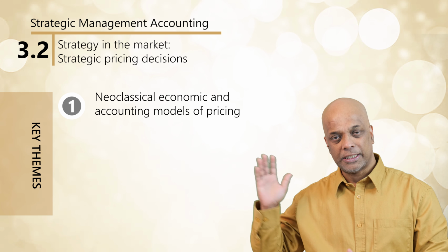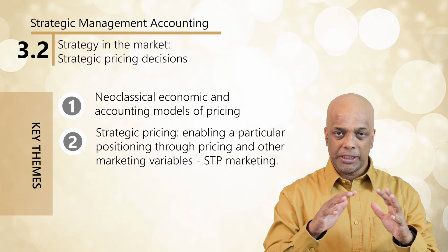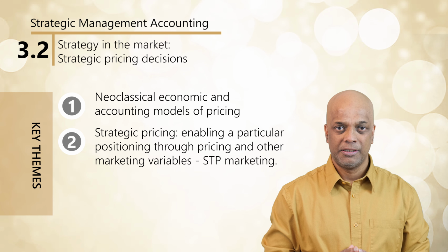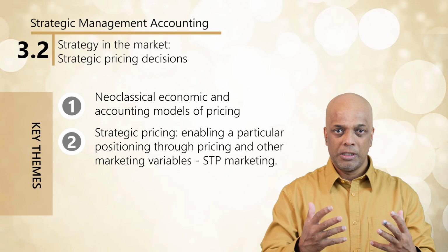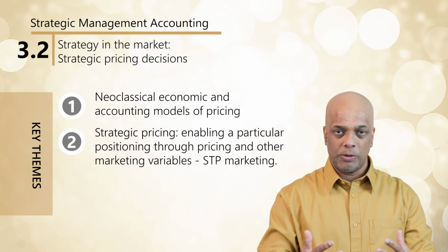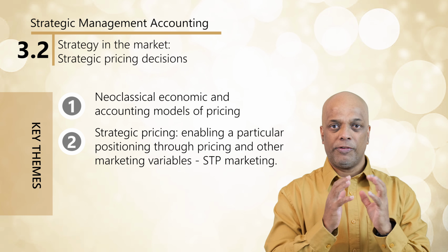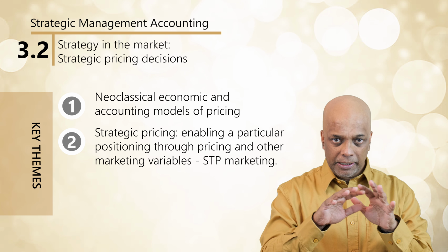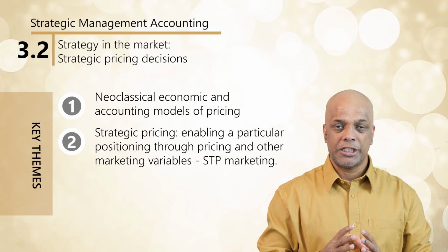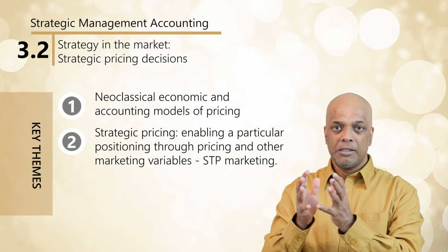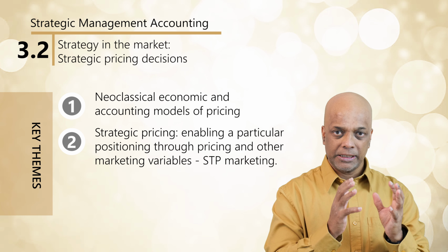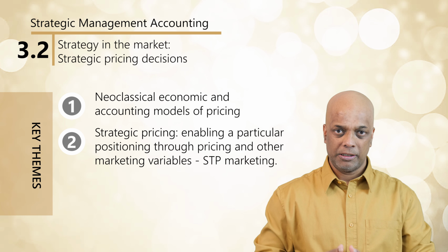And then the second theme was strategic pricing. We discussed how pricing should be carried out as a strategic act of enabling and enacting a particular positioning strategy together with other marketing decisions such as product, place and promotion.